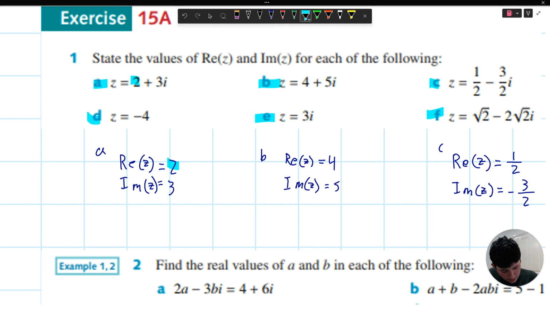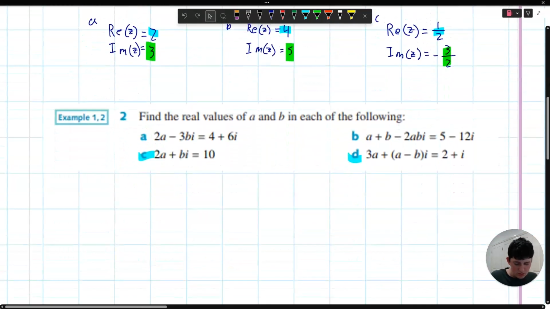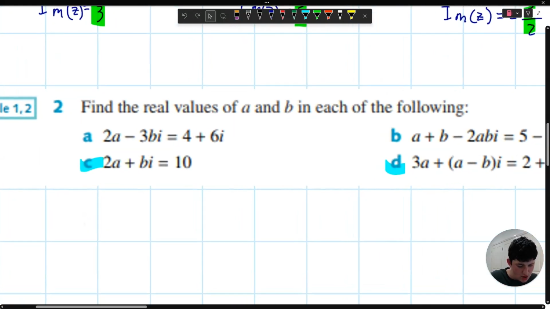I can match them up. You just end up matching up the imaginary component and the real component. This is how we find these values. Moving on. Question 2. Find the real values of a and b in each of the following.